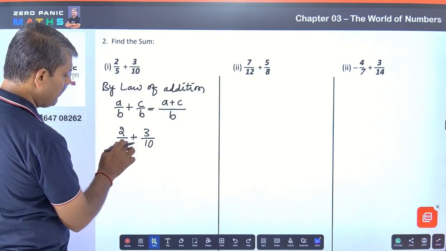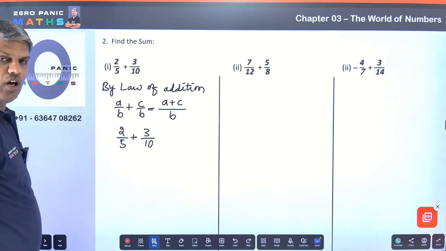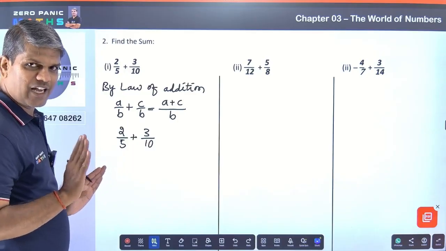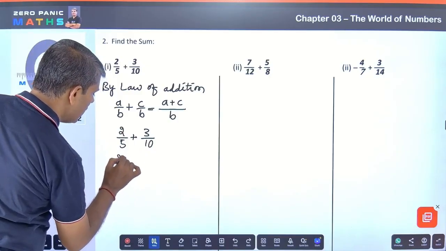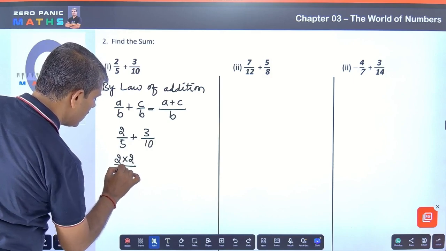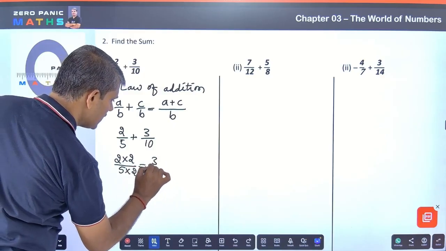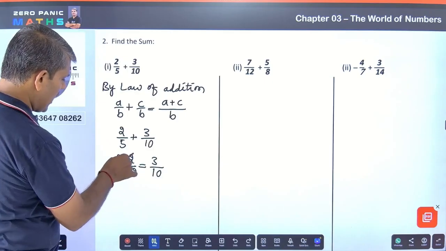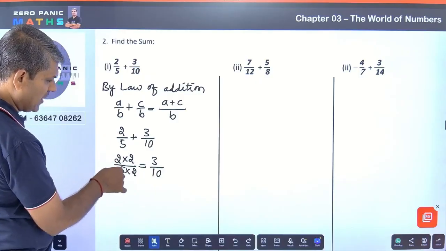If I am multiplying by 2 here, I should be multiplying that to the numerator also, to keep the value as it is. Understood, right? So I divide and multiply by 2 in both numerator and denominator. It is 5 by 2, and this is 3 by 10. Correct? I'll just cancel 2 and 2, and it will remain as 2 by 5 only. That is the reason I did it.